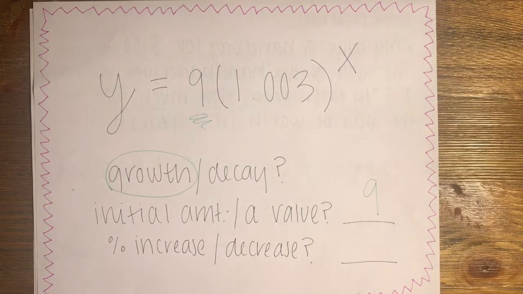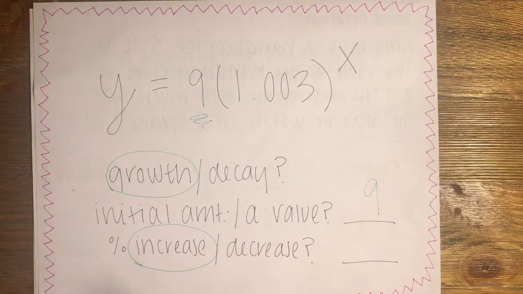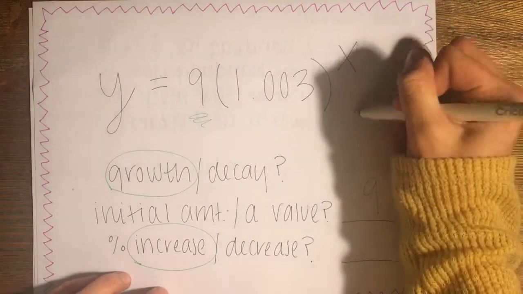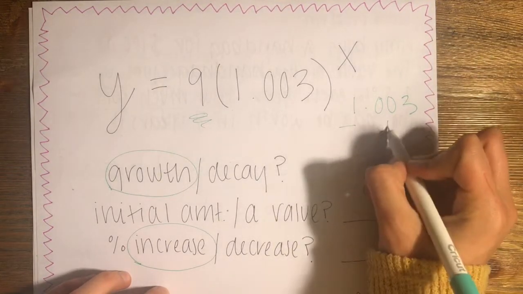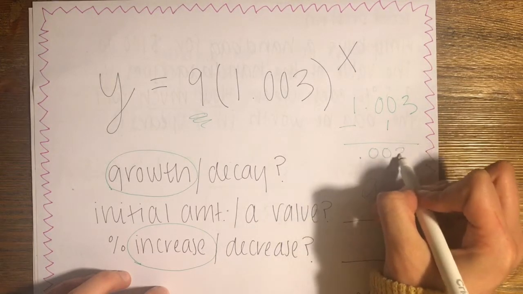Now it asks what percent increase or decrease. Since there's growth, we know that we are increasing, but by what percent? Since we're increasing, it's more than 1 because you are going to have 100% of what you started with and then some. So if we take 1.003 and then subtract 1, we're left with 0.003.